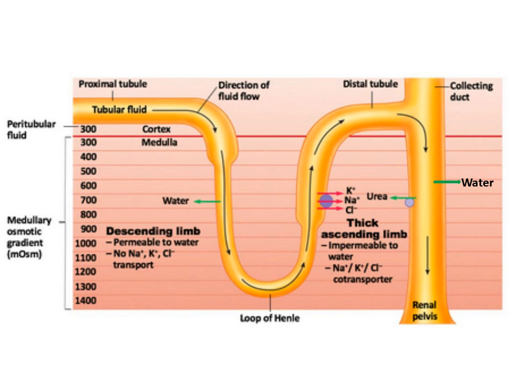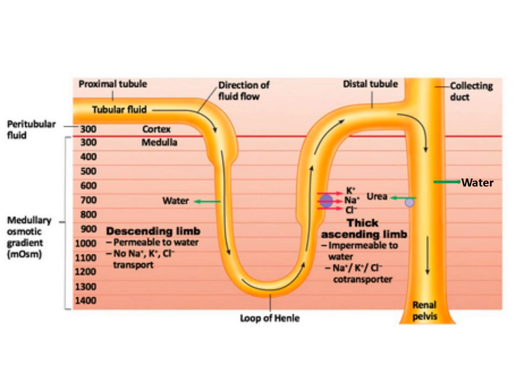The maximum osmolarity will be at the bend of the loop of Henle, around 1200 to 1400. So concentrated fluid is there at the bend.